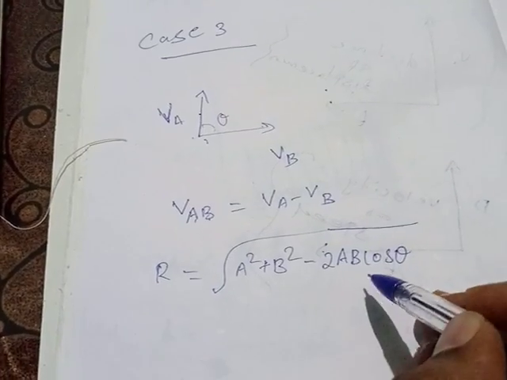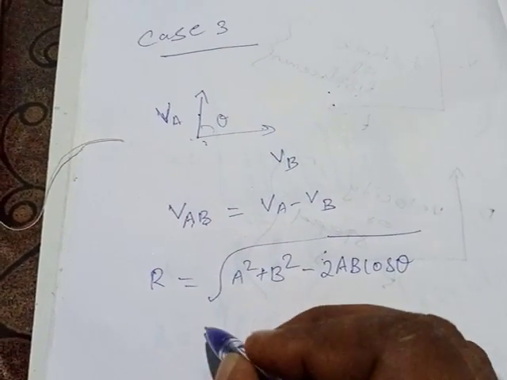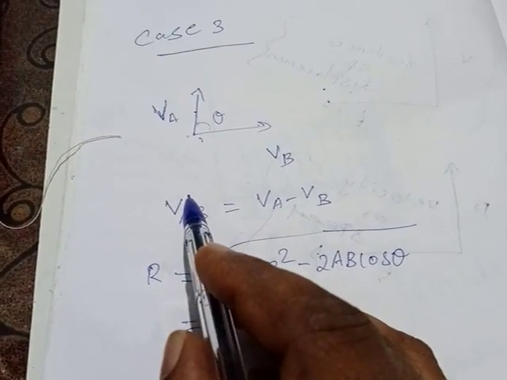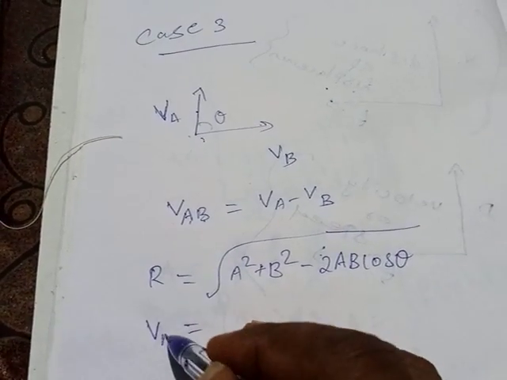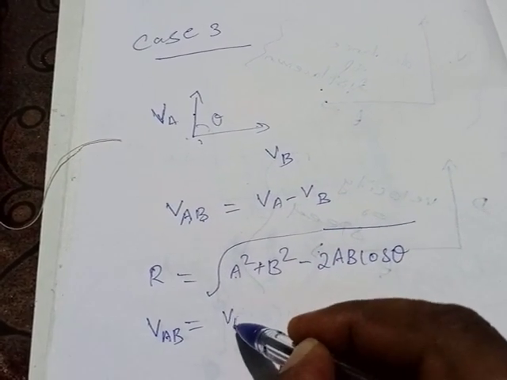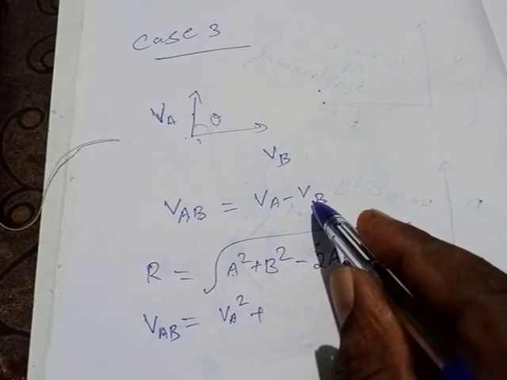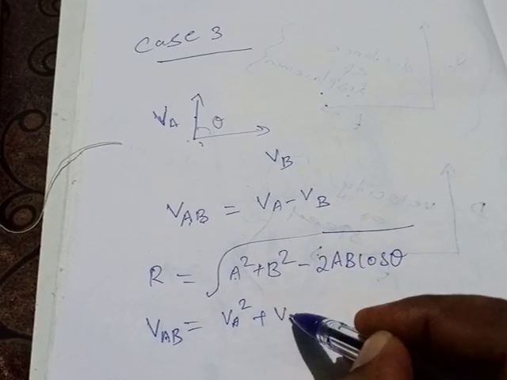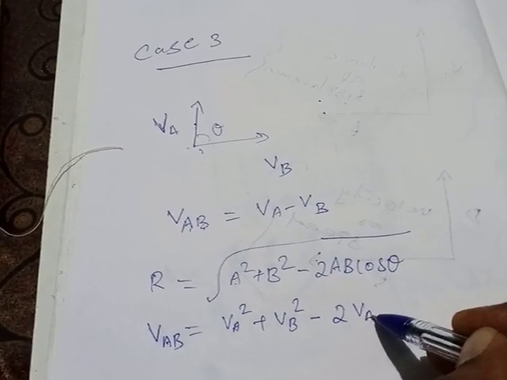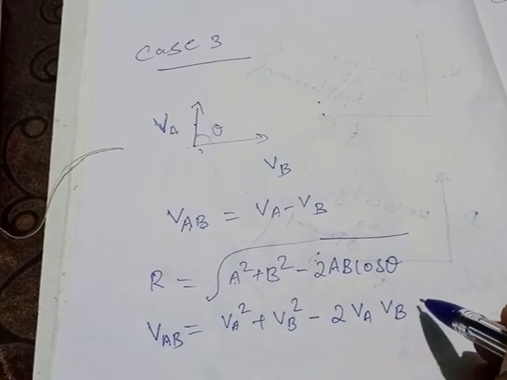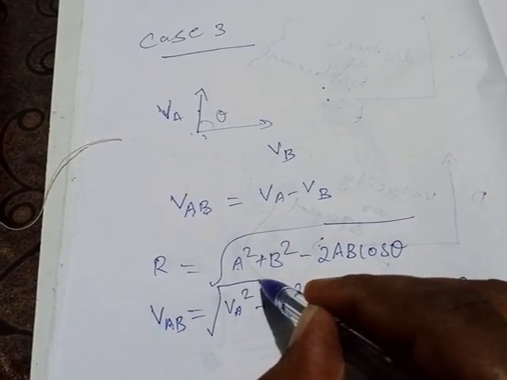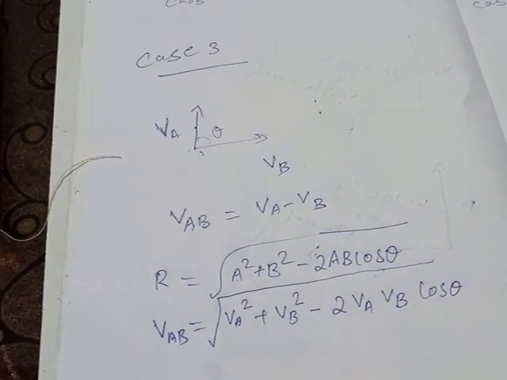Here also you have to apply the same. So VAB is equal to root of VA square plus VB square minus 2 VA VB cos theta. This is the magnitude, and the direction of VAB.